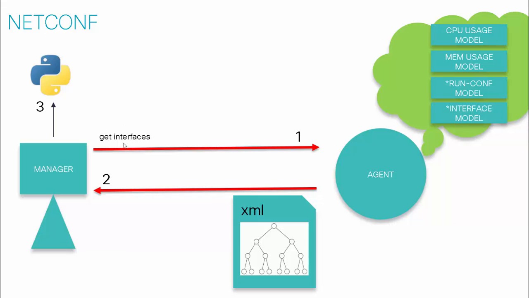So this will give me the statistics of all the interfaces on the router. The router receives this NETCONF instruction, goes into its model, creates a copy of the model, then that model is populated with all the different interface values. The model gets mapped into XML format and sent over the wire to the manager.